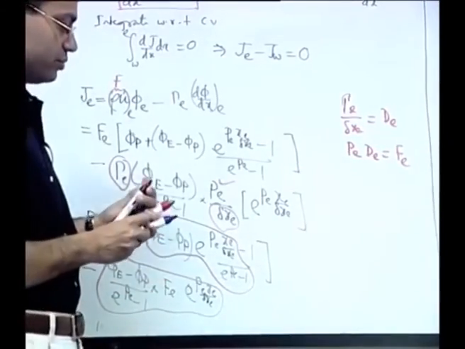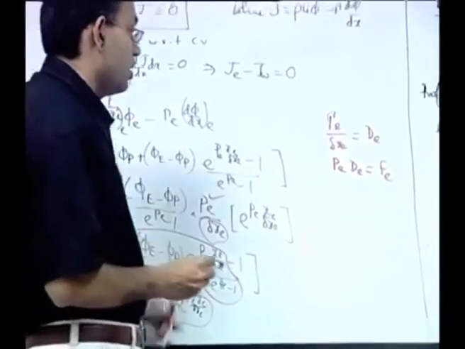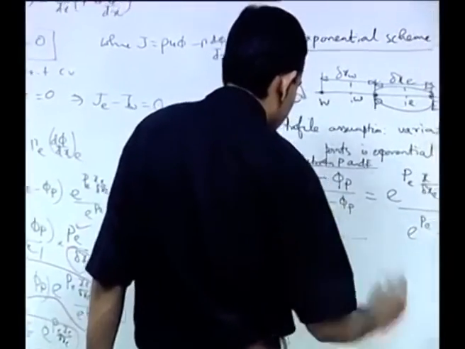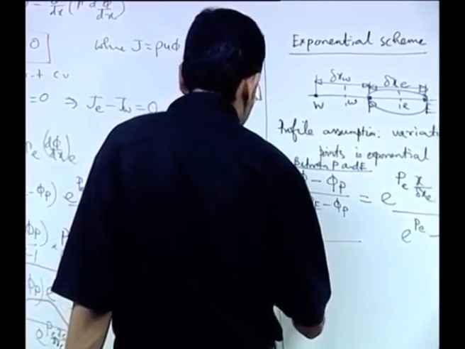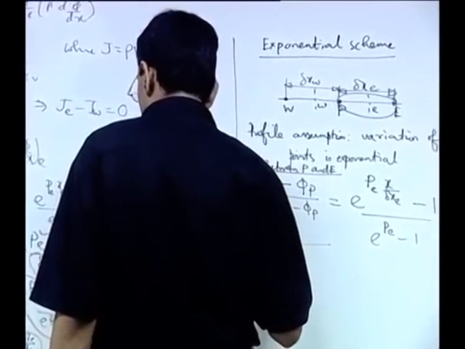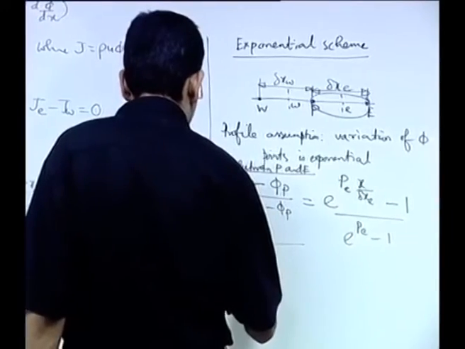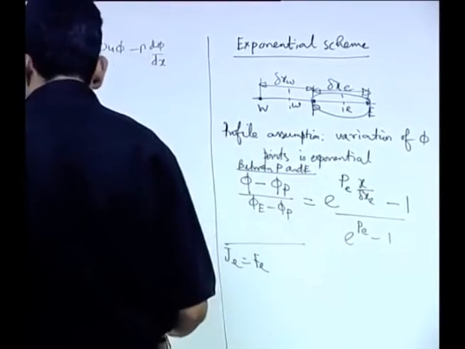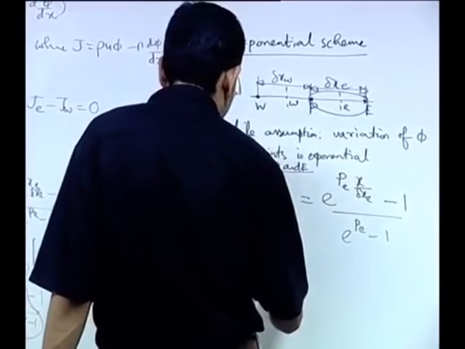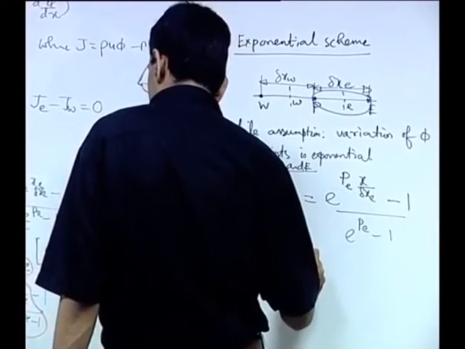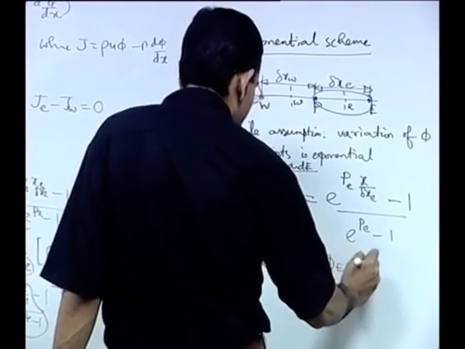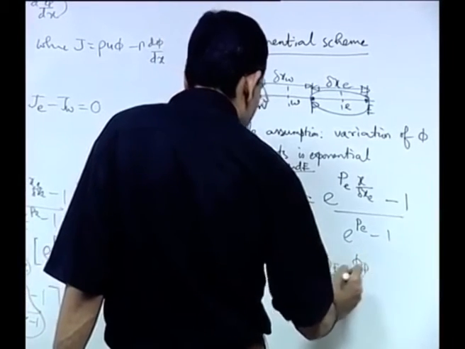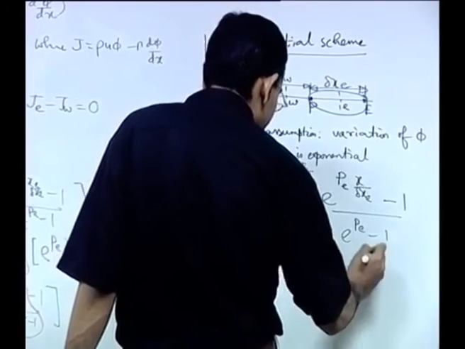Keeping that in view, you can write J E is equal to F E into phi p minus phi e minus phi p by e to the power p e minus 1.